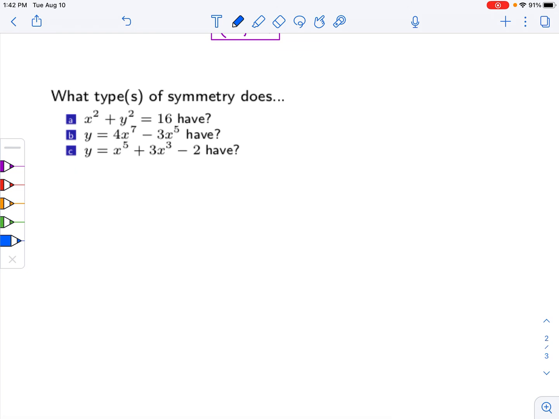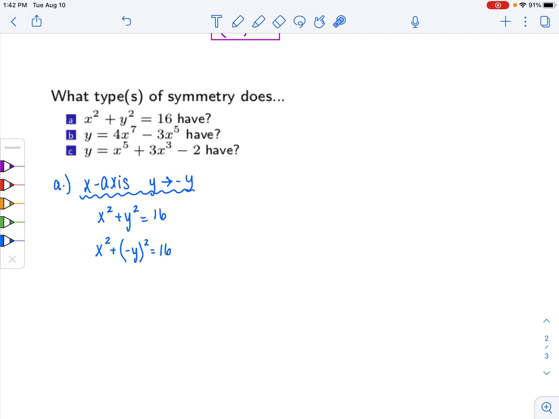Well, if it is x-axis symmetry, that means the y changes to its opposite. Again, we just talked about that a lot on the front page. Which means if I take my original equation, equals 16, I now have to check, would it still be equal if I had a negative y?